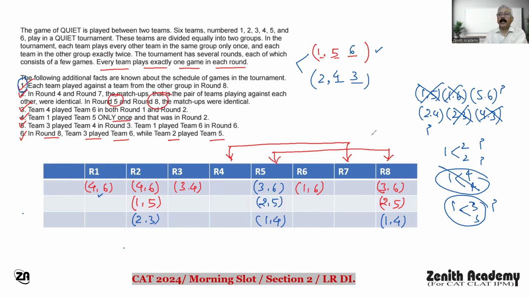Right. Okay. So what about this 5? 5 with 2, 5 with 4, and 5 with 3. Look here. There 5 with 2, okay, it is there. 5 with 4, no, so this is to be arranged.